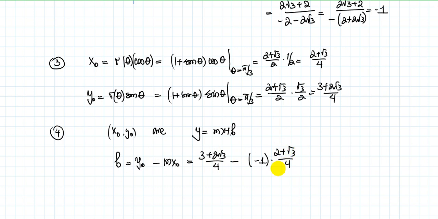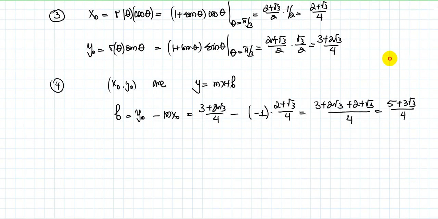They have the common denominator, so I can just sum them. This is going to be 3 plus 2 square root of 3, and this minus with this minus is going to be plus, right? And it's going to be 2 plus square root of 3 divided by 4, or simply 5 plus 3 square root of 3 over 4. This is going to be the y-intercept.